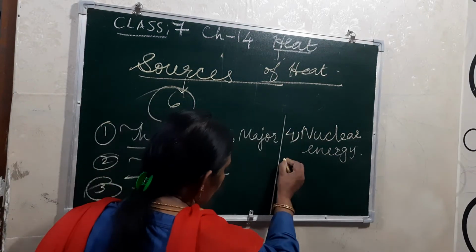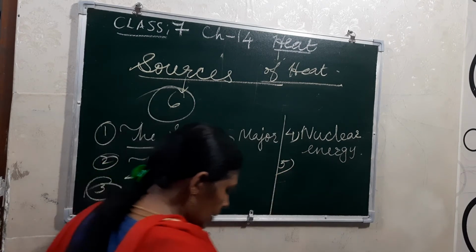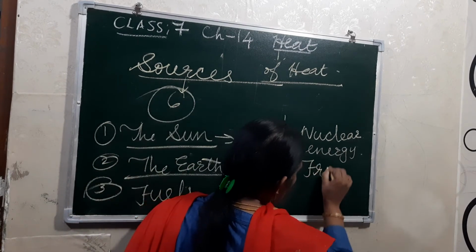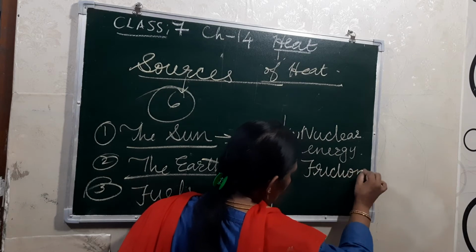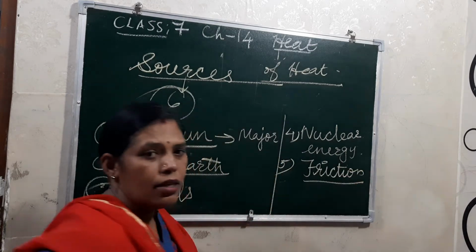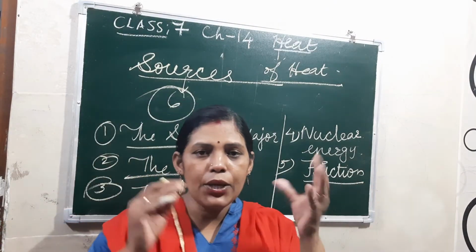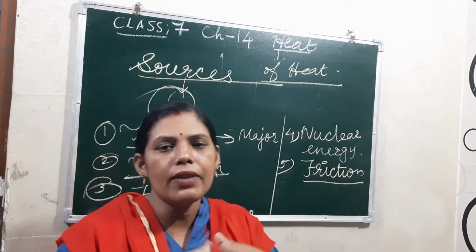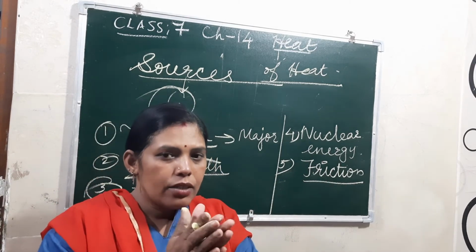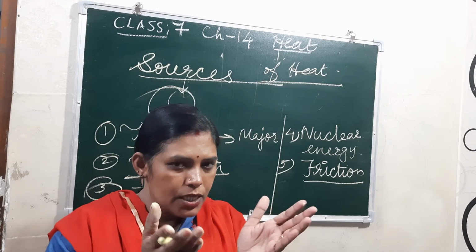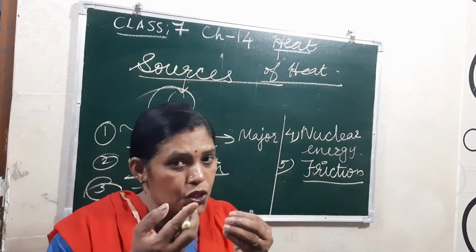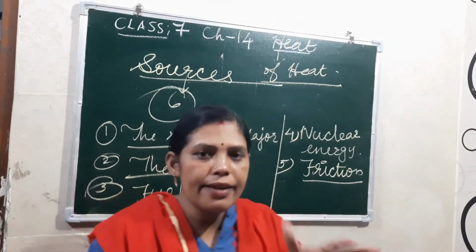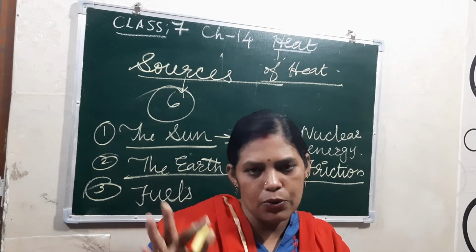Now the fifth one is friction, frictional force. What is friction, children? Friction is when two objects are in contact with each other, and a force is produced; that is the frictional force. At that time heat also is produced.